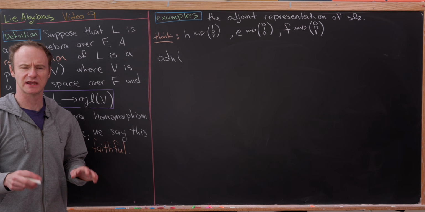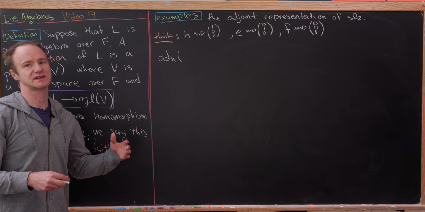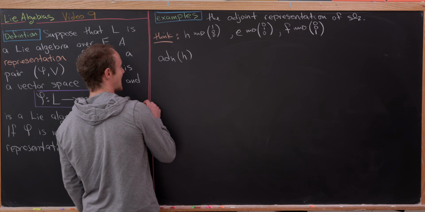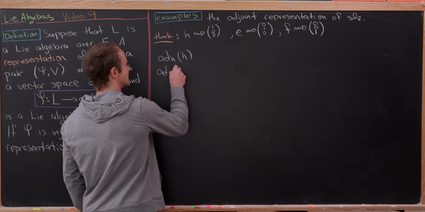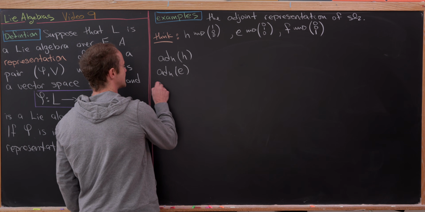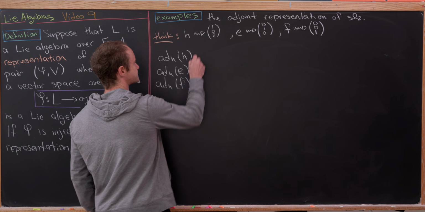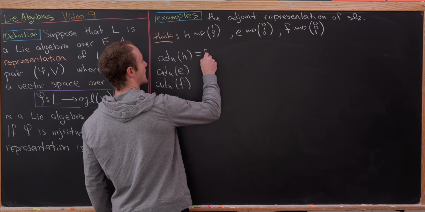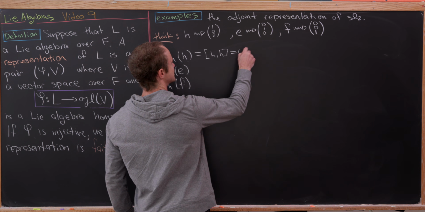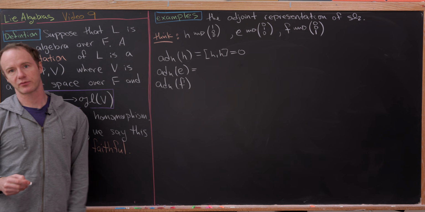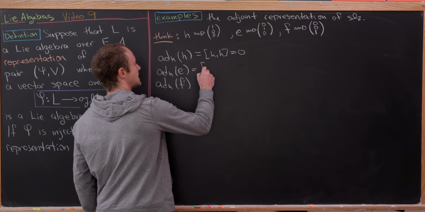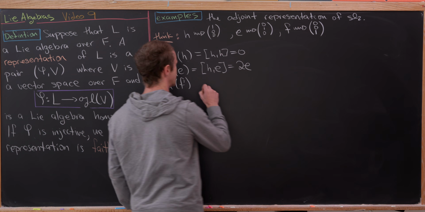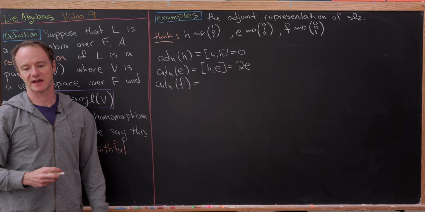Now let's calculate ad H on all of the basis vectors of sl2. This is how you would calculate the matrix of a linear transformation, like in a linear algebra class. That means we need ad H (H), ad H (E), and ad H (F). Notice ad H (H) is equal to the bracket of H with H, which is 0, by the alternating property of the bracket. Then ad H (E) is the bracket of H with E, which is 2E, by the defining properties of sl2.